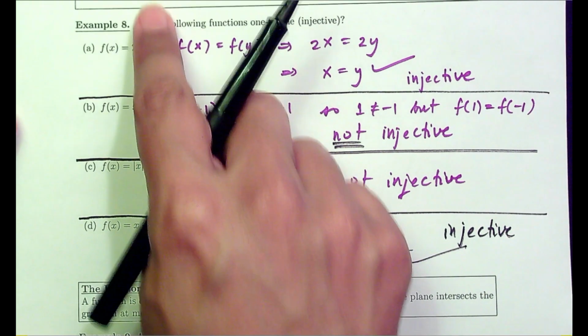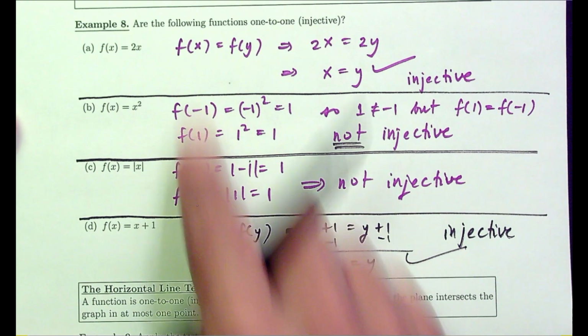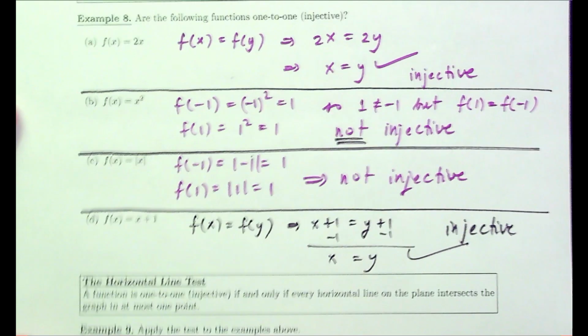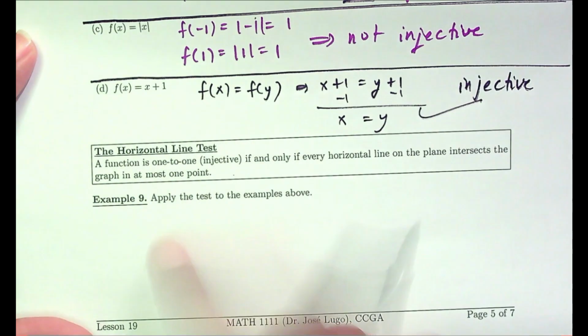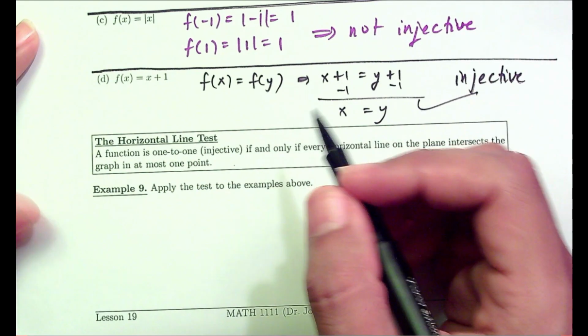Because these are all basic functions you should be familiar with. You should be able to look at these formulas and think of what the graph looks like. So let's go over all of them. That's what example 9 is about. We don't really have to write much of anything here, but draw some quick sketches.